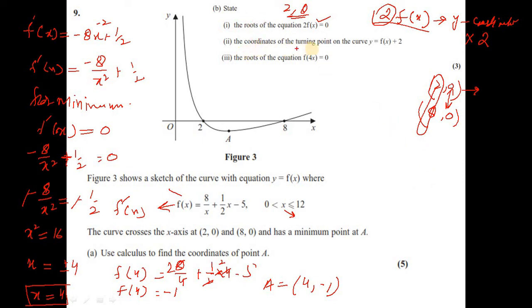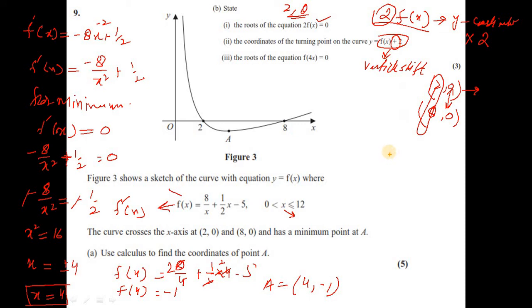The coordinates of the turning point on the curve y equal to f of x plus 2. F of x plus 2 is called a vertical transformation. I generally say f of x plus 2 is a vertical shift. You shift the whole graph 2 units up or down depending on the sign given.